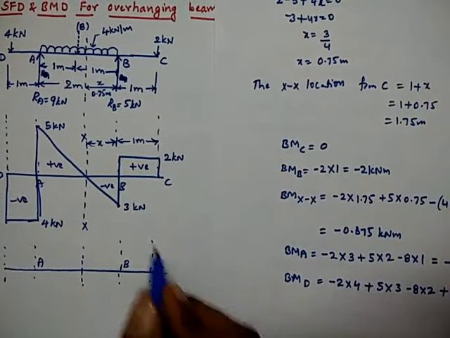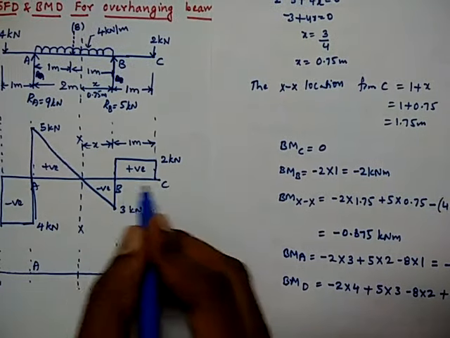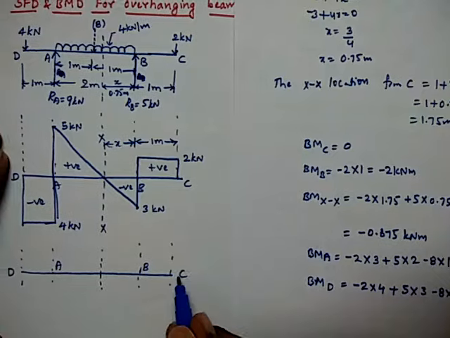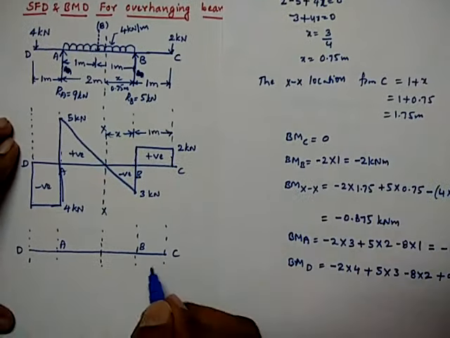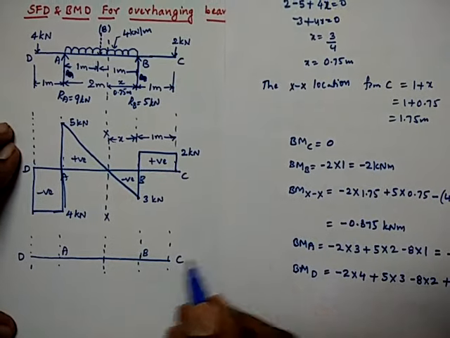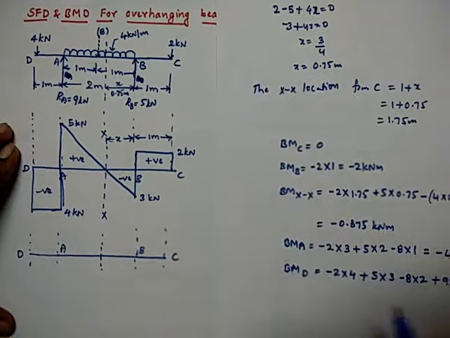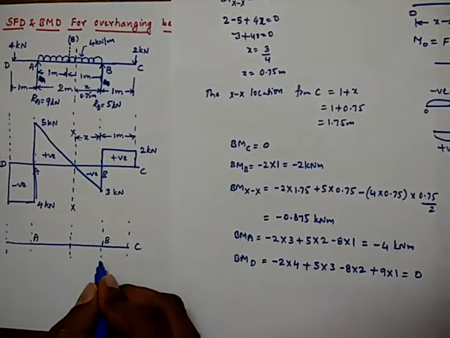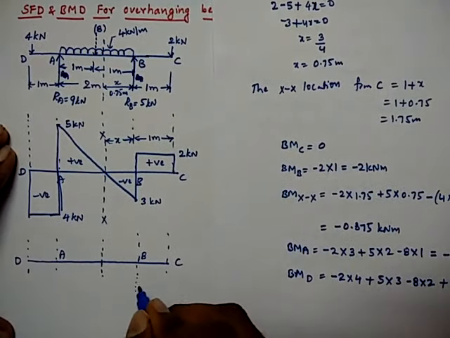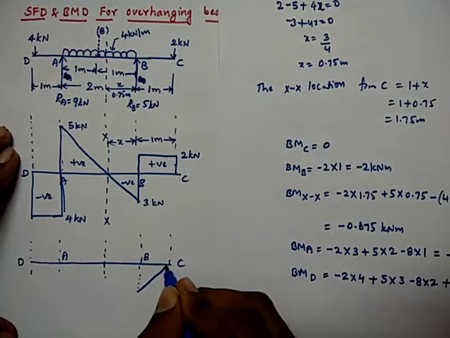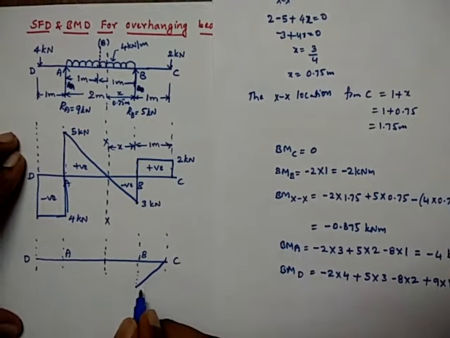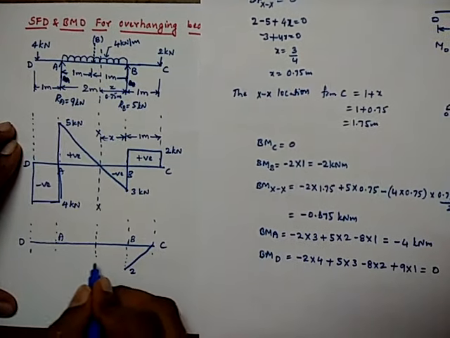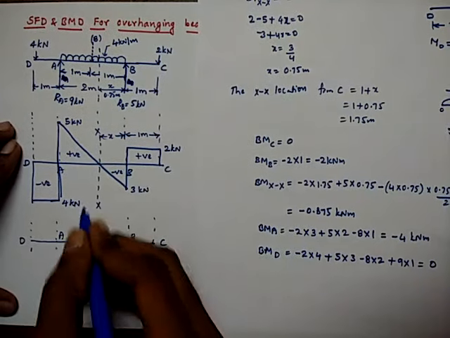So here we have B and C. Between B and C we have horizontal, so we'll draw an inclined line, and 0 to minus 2 means an inclined line in the downward direction. So minus 2 we have, maximum is minus 4, so minus 2 will take this much. So it is an inclined line here, and here it is 2.